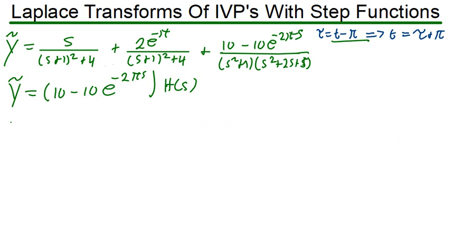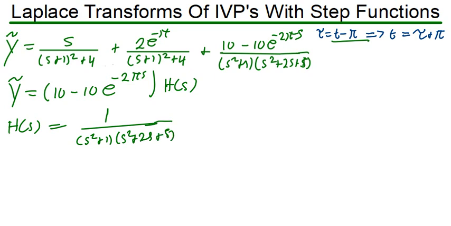You look at what your h of s equals. In this case, my h of s is this one here, which is 1 over s squared plus 1 multiplied by s squared plus 2s plus 5. So I have to break this down into its equivalent partial fractions.